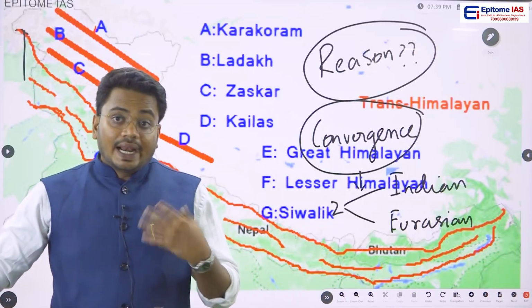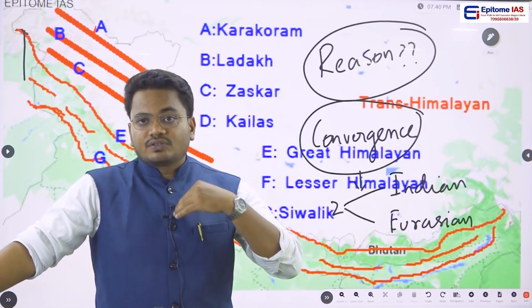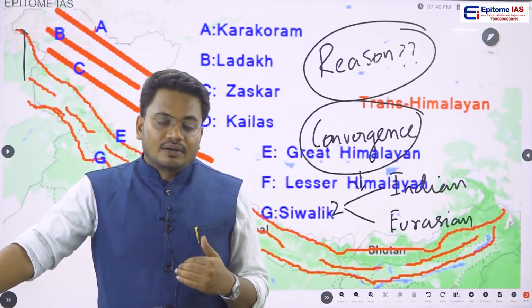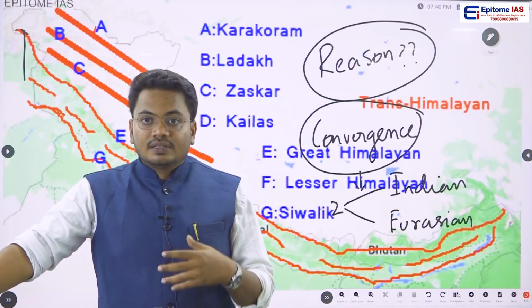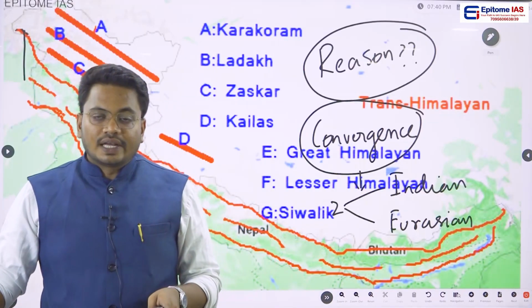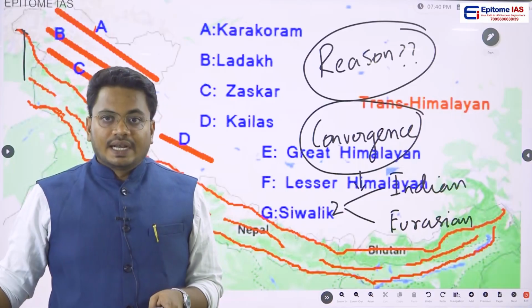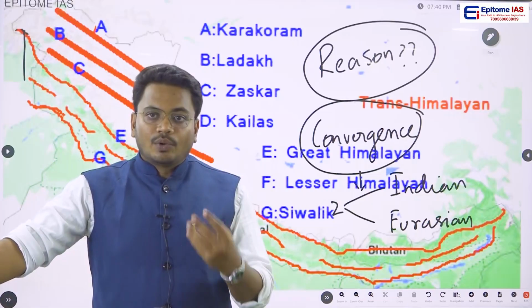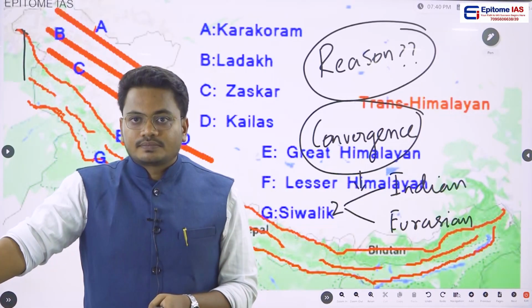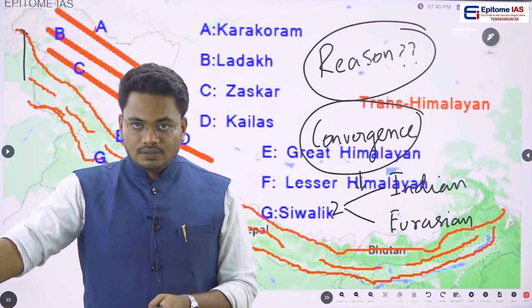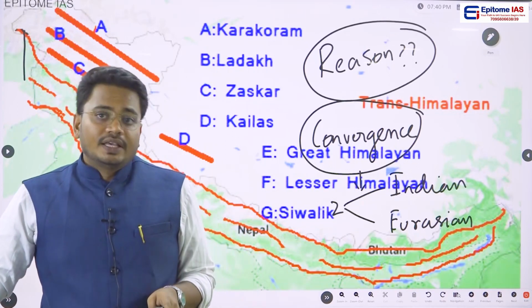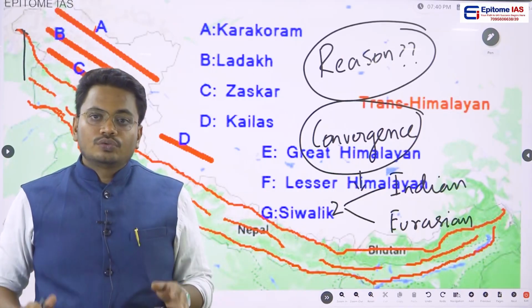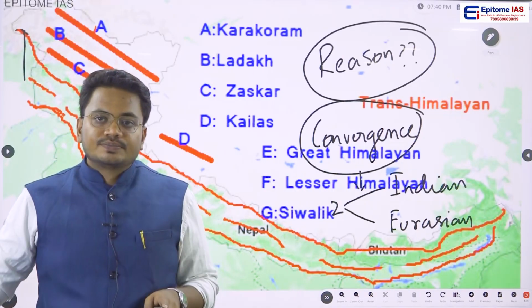So, at that point of convergence or at the boundary of that convergence, there would be certain physical features forming. In case of this convergence, we have the Himalayan mountains as an end product. Himalayan mountains are formed because of convergence of two continental plates.